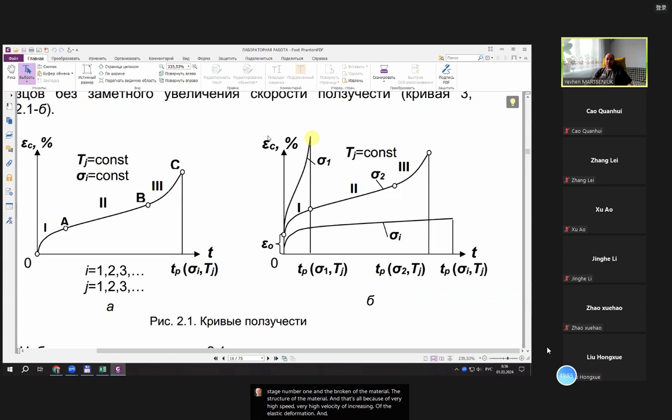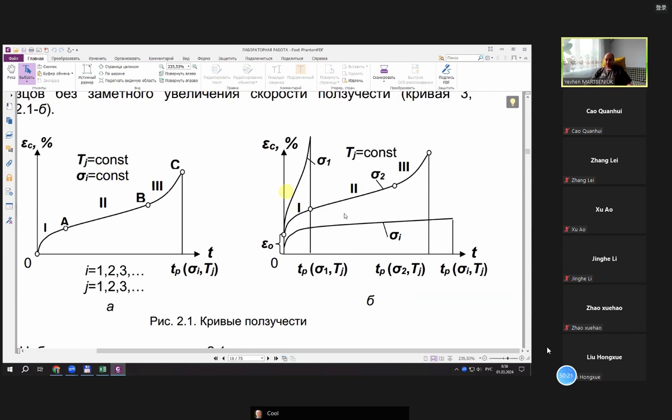And stage number 2 will not even appear. So some type of material can have such a behavior, like absence of the stable creep velocity, constant creep velocity, stage number 2, and especially stage number 3.